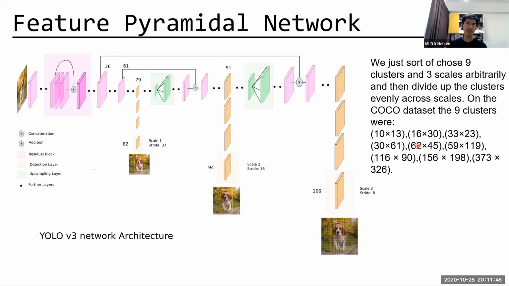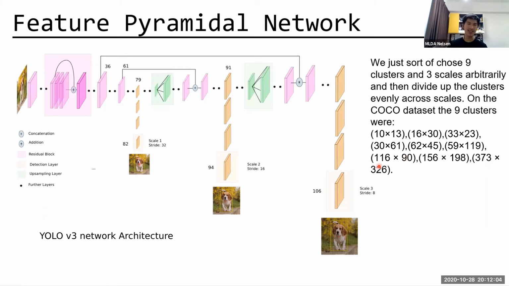This is for the small object. Then for the medium one, they are using 30 times 61, 62 times 45, and 59 times 119. And for the big one, they are going to use these 3 different values.